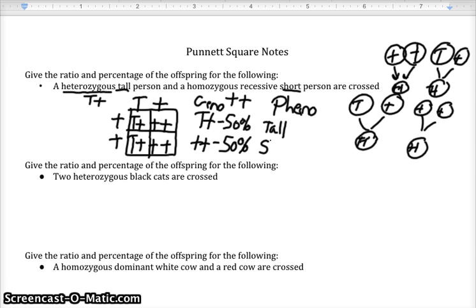And since tall was heterozygous, that means tall is dominant because it has a big T. So what I'm going to do is circle all the boxes that have a big T in them, and there's 2 of them, so it's 50% tall and 50% chance that there's one that's short. Alright, that doesn't always come out that way. It doesn't always come out the way that the phenotype and genotype percentages are the same, but for this instance it did.